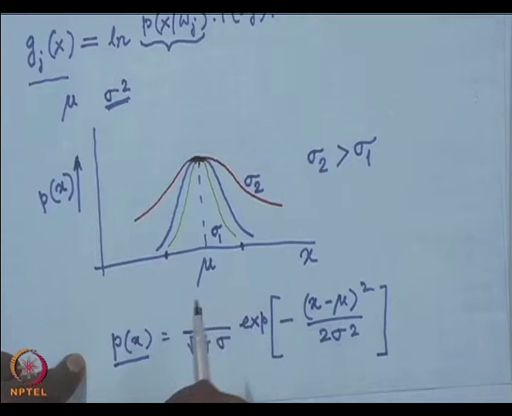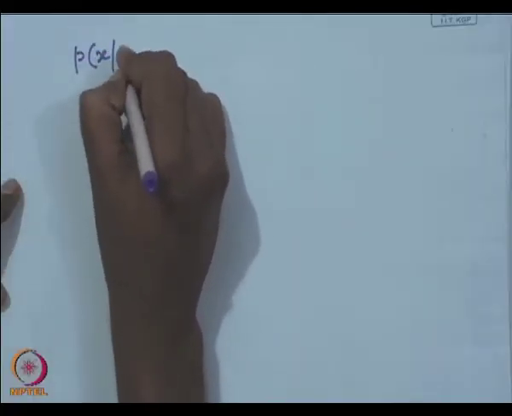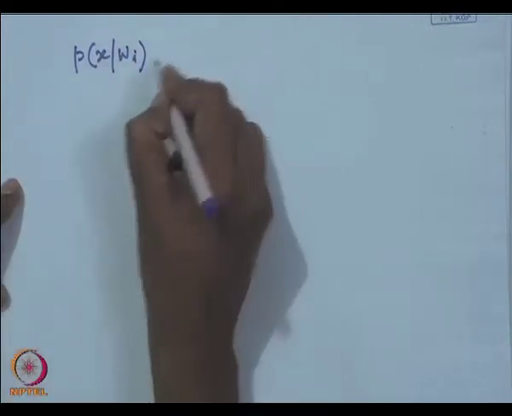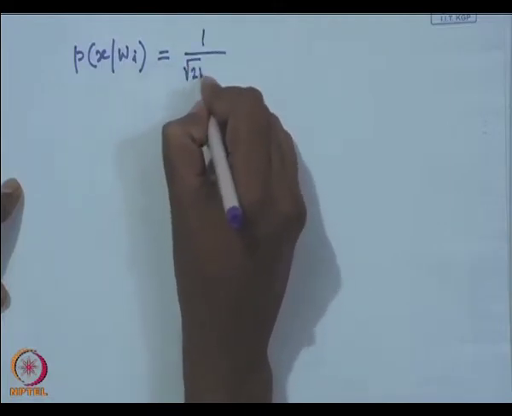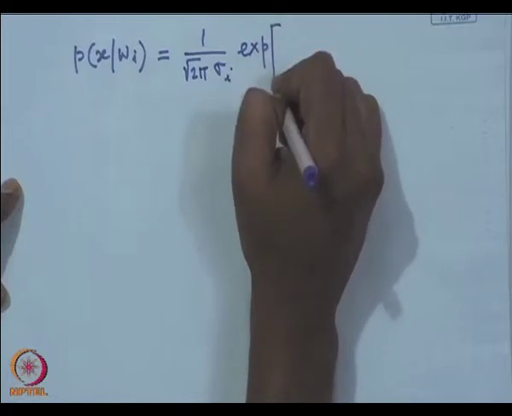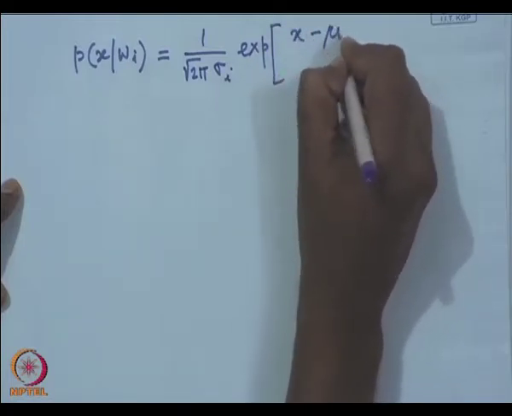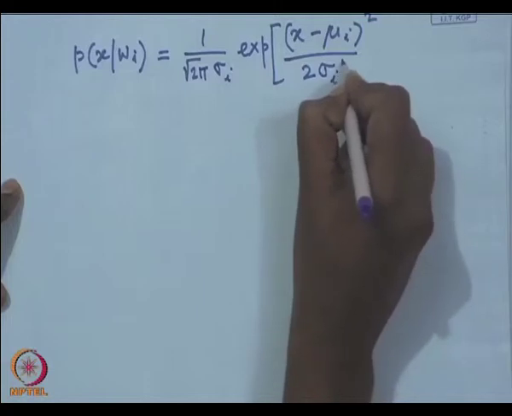If I want to make it a class conditional probability density function, that means instead of taking all the x, I take the samples which belong to class, say, omega I. So, I want to make it p of x given omega I. The expression of p of x given omega I will be similar: 1 upon square root of 2 pi into sigma I, exponential of minus x minus mu I square upon 2 sigma I square.